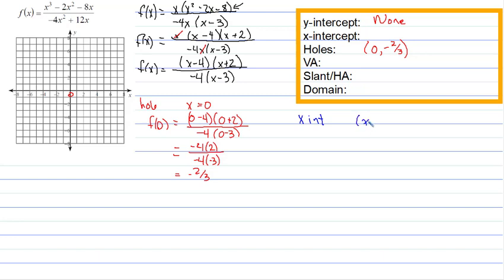So x minus 4 times x plus 2 equals 0. That's going to be when x minus 4 is equal to 0, or x plus 2 is equal to 0. So my two x-intercepts are at x equals positive 4 and x equals negative 2. So it's going to be 4, 0, and negative 2, 0.